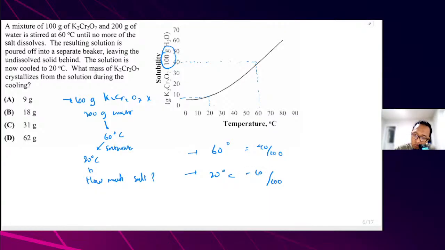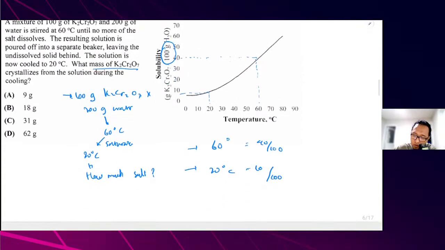The question is, what mass crystallized from the solution during cooling? Now we have information here that we have 200 gram, so we can scale these values to twice. In this case 100 becomes 80, and then 20.